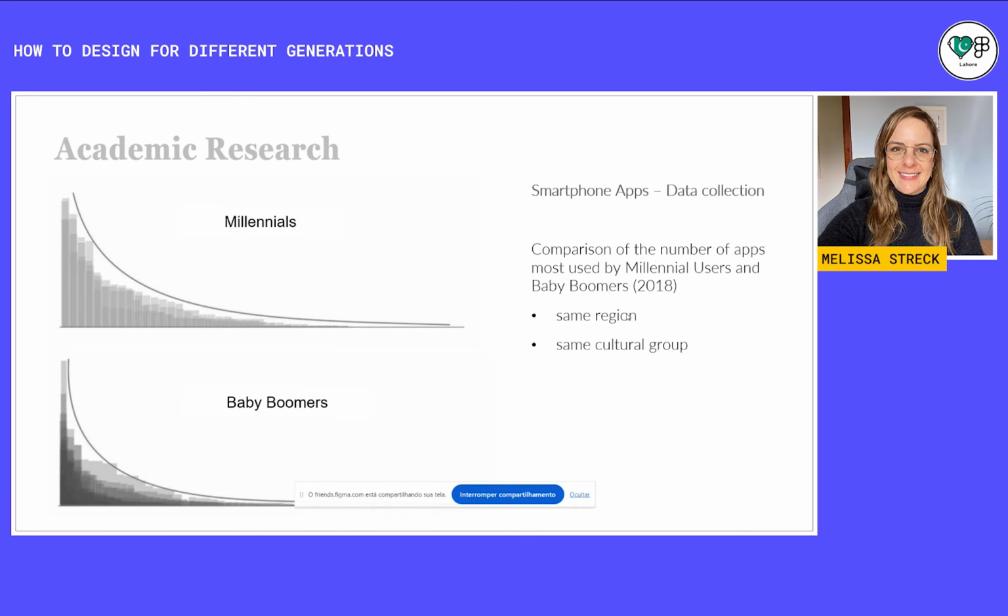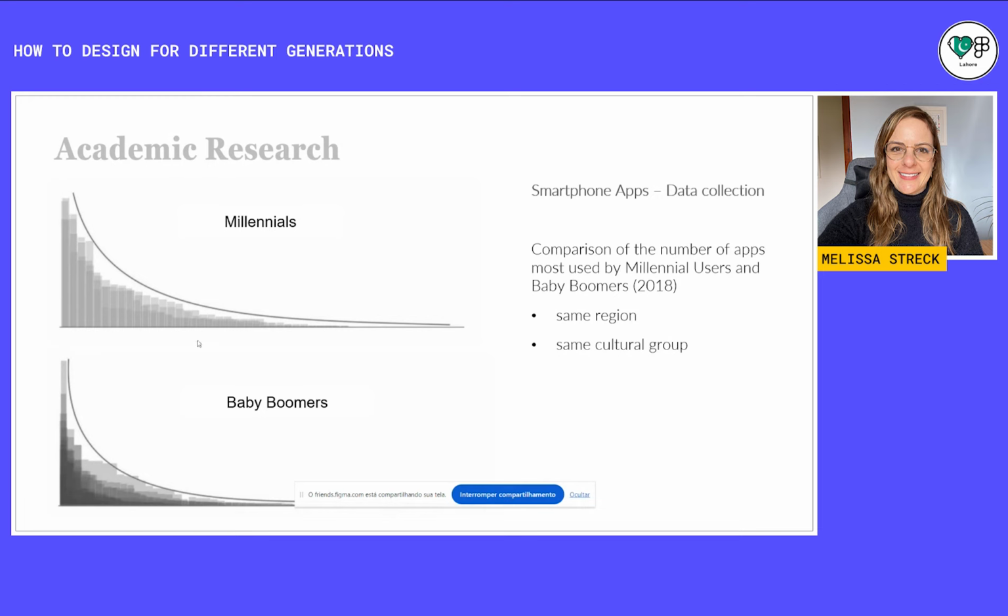So I had a chance to compare those use cases, and what was really interesting to observe is that they had about the same number of apps. In this graph, I didn't put the names of the apps, but each column represents a specific app on their smartphone. What was very interesting was the intensity of use of each app.